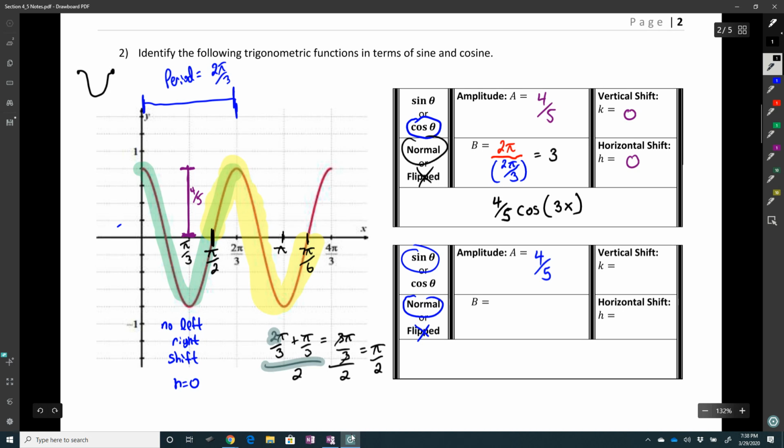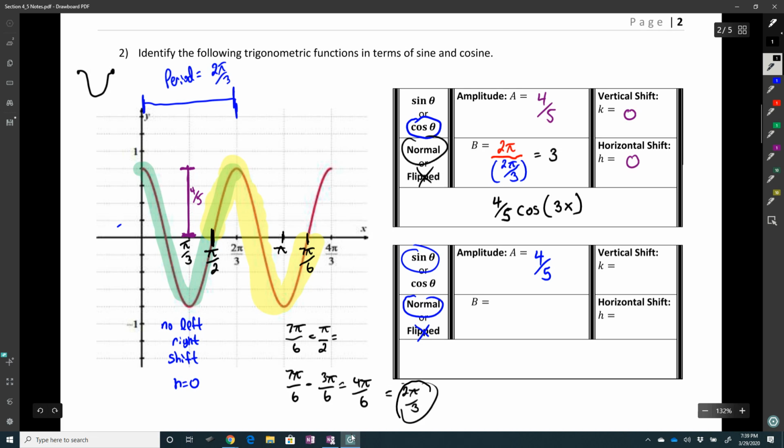And so if you wanted to, you could figure out what the period is by subtracting. But again, it's the same wave. The period's still going to be 2 pi over 3. But if you wanted to, you could subtract 7 pi over 6 minus pi over 2. That's 7 pi over 6 minus 3 pi over 6, which is 4 pi over 6, which is 2 pi over 3.